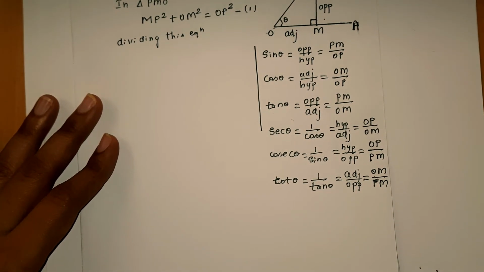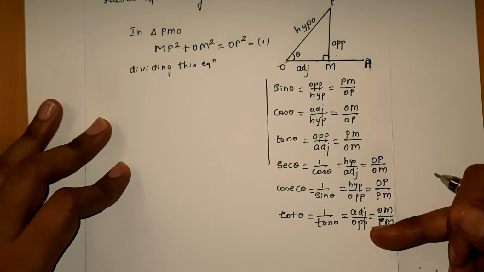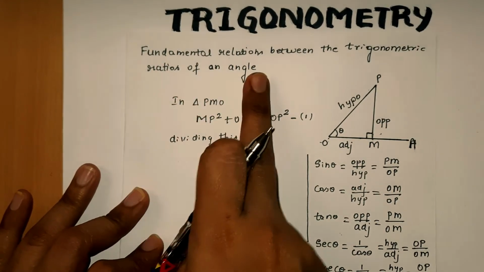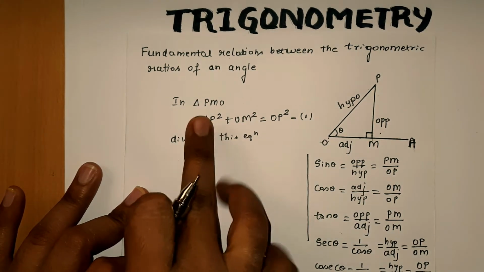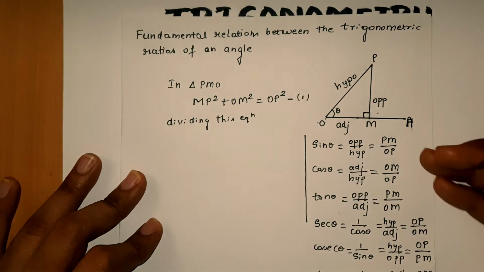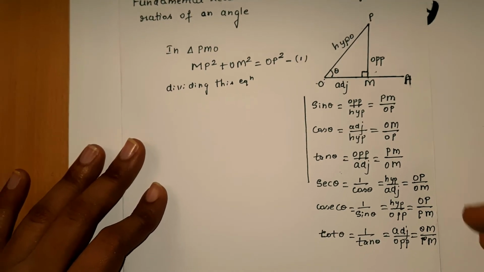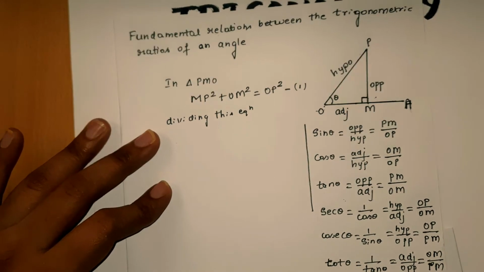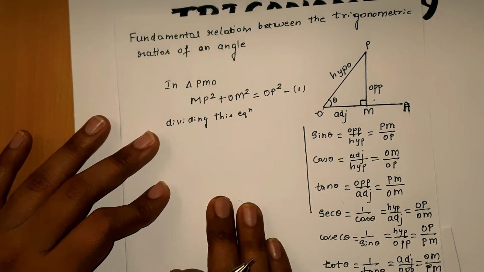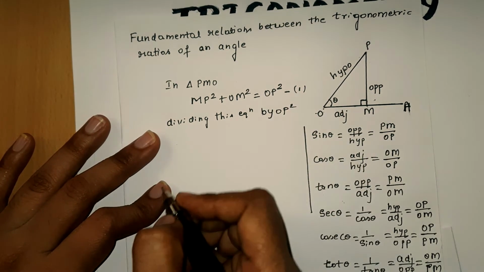So here, the reason I have written these 6 trigonometric ratios is that we are finding the fundamental relationships between the trigonometric ratios of an angle. In order to find out the relations, we should know the trigonometric ratios that we come across here. So now consider equation 1 and I am going to divide it by OP square.